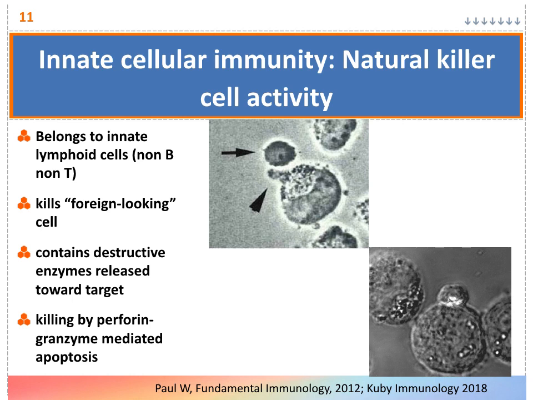Down below on the right side, you see the small cell attaching to a target cell, about to release its contents, and these contents are perforins and granzymes that attack target cells, leading to cell death.